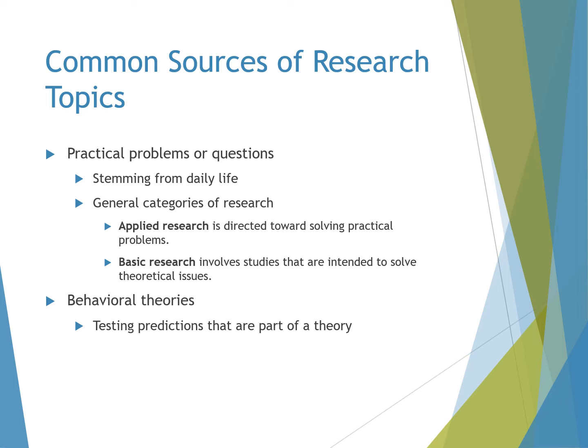A more applied problem or more applied research might be something like developing a specific intervention for students at risk and implementing it at my school and seeing how that helped. Finally, behavioral theories are another source of research ideas. This involves being motivated by a theoretical background, and that might motivate you to do a certain study.